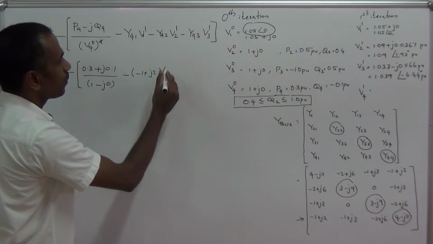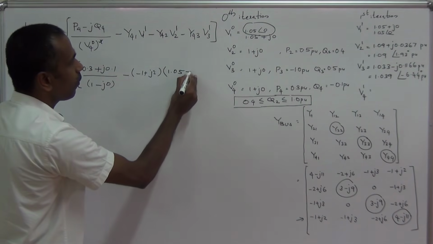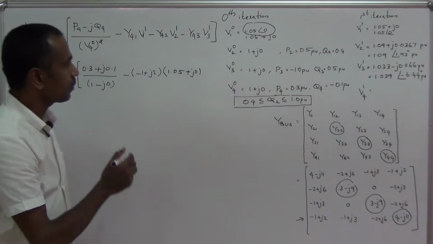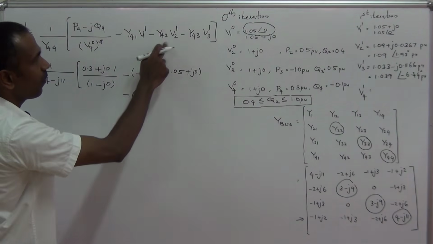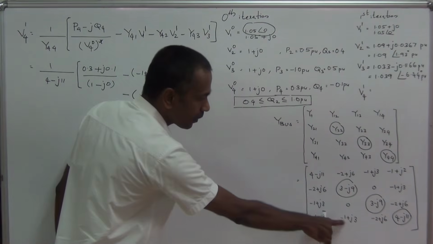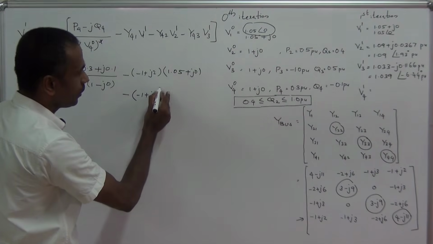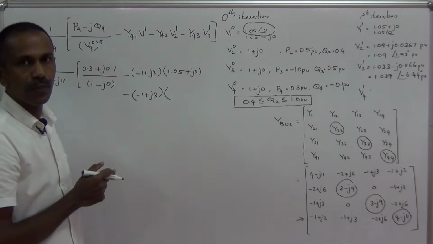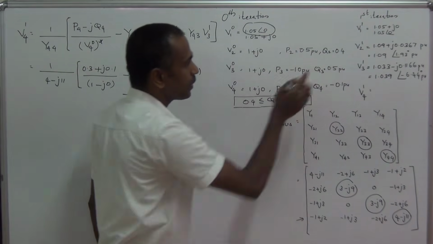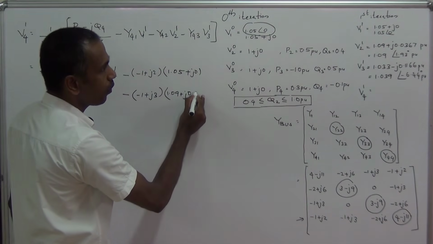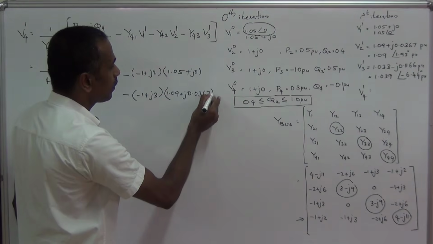What is V1^1? 1.05 plus j0. Minus Y42 V2: Y42 is minus 1 plus j3 into V2^1, which equals 1.09 plus j0.0367.